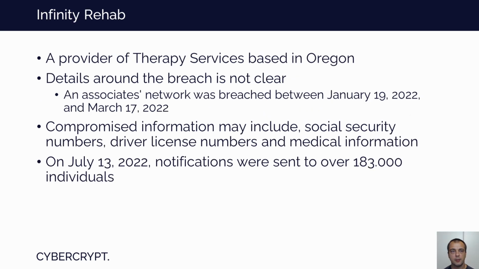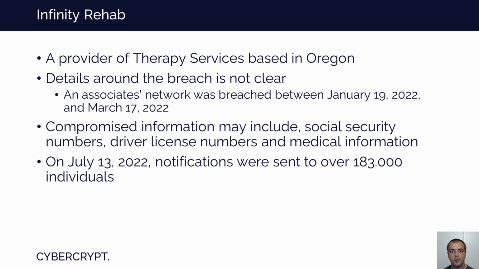Infinity Rehab is a provider of therapy services based in Oregon. Details around the breach are not clear, but what we know is a network utilized by one of their associates was breached between January 19, 2022 and March 17, 2022. During that time, an unauthorized party potentially removed files from the network.